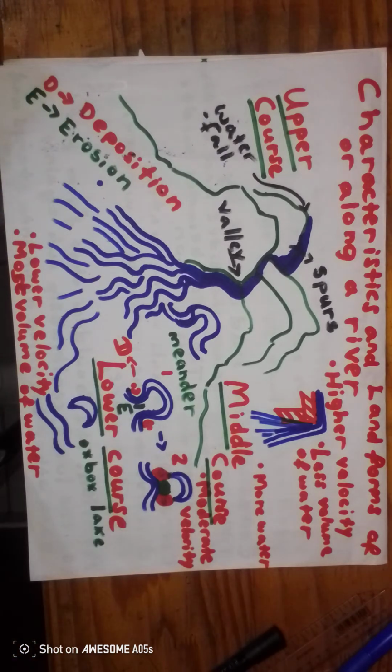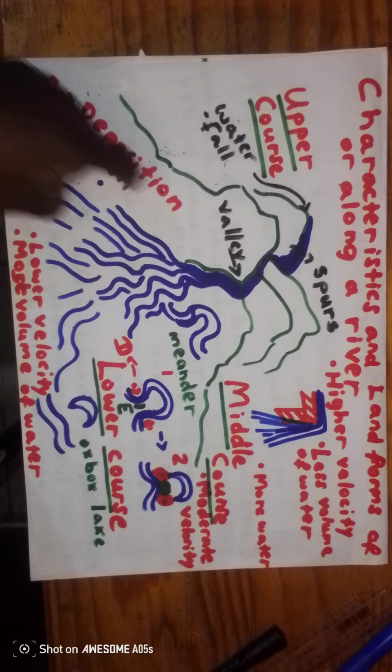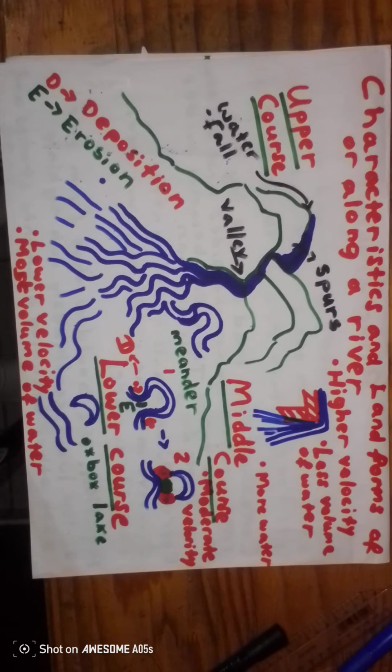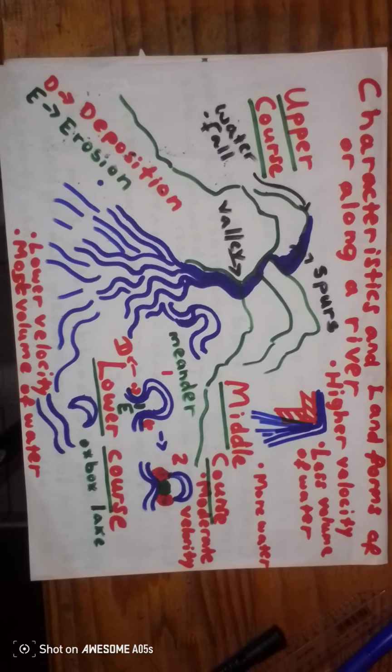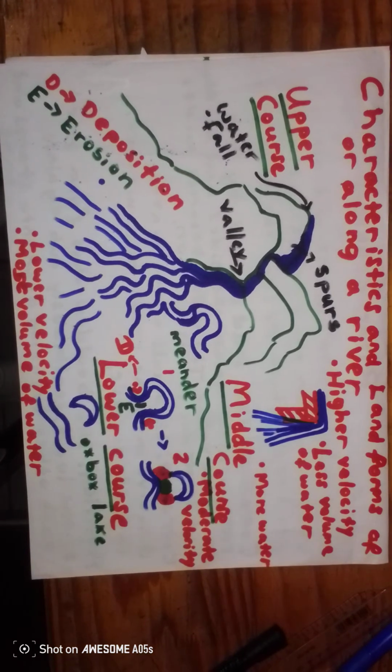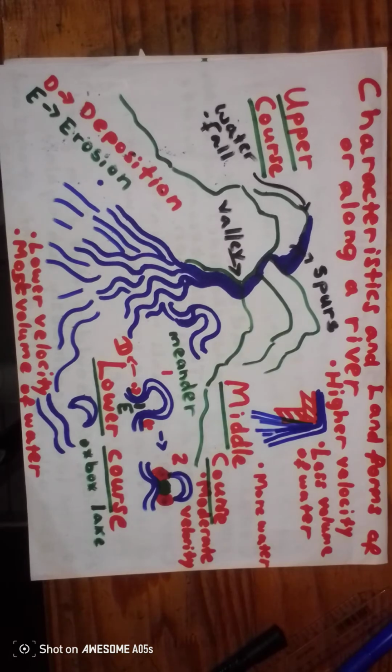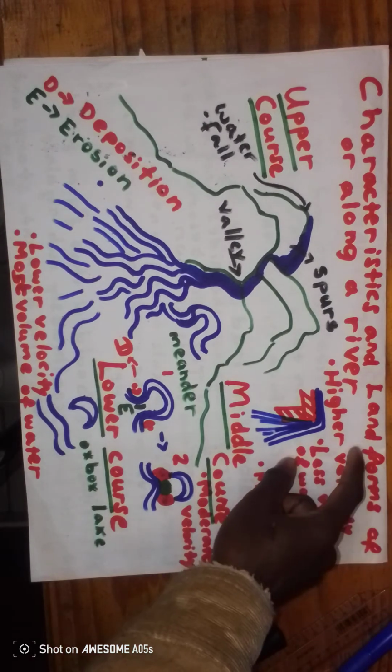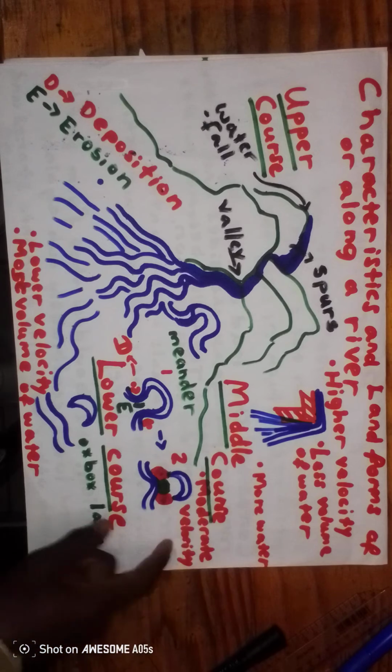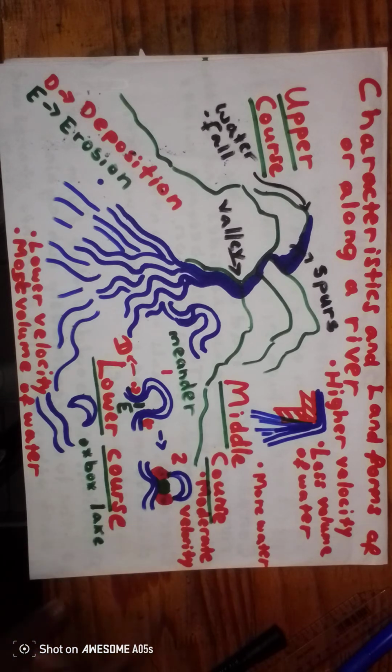D for deposition. Deposition is when the river doesn't have as much energy as it does in the upper course, because it's now in the middle course. So it has moderate velocity, which means the speed is not so much.